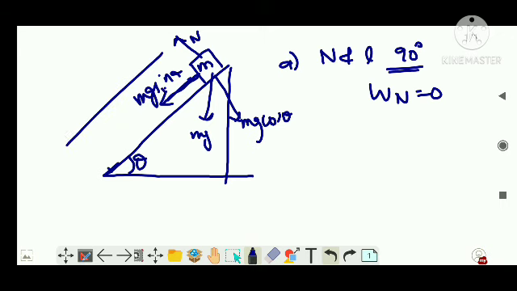Remember, and the displacement here is L, right? So what is the force which is in the same direction as the displacement? Actually, what is work? Work is equal to force in the same direction as, or along the displacement, into displacement, right? Or dot product, right? Clear?